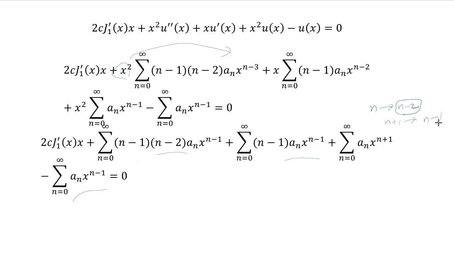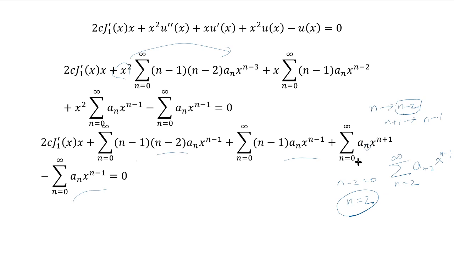This then will become n minus 2. And this n equals 0 will become n minus 2 equals 0, which is n equals 2. So the resulting summation is sigma n equals 2 to infinity a of n minus 2 x to the n minus 1.